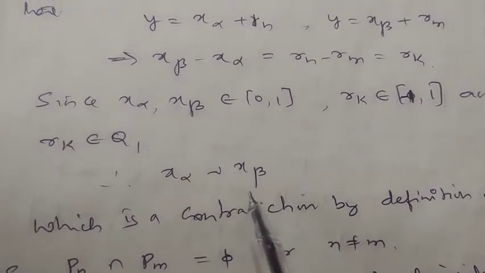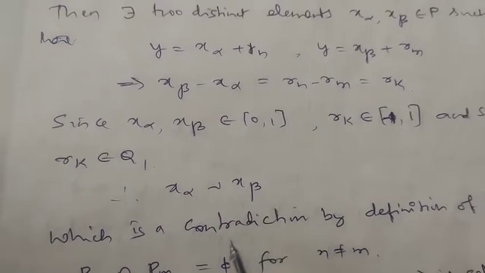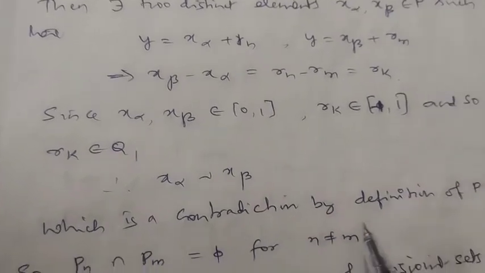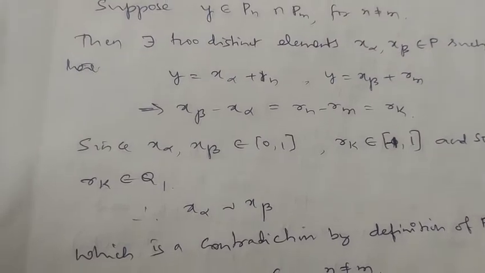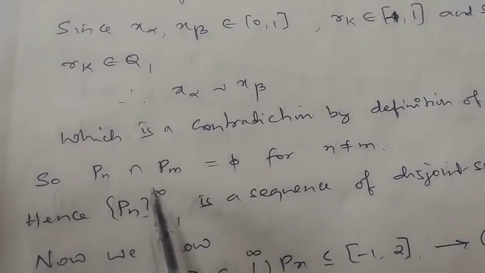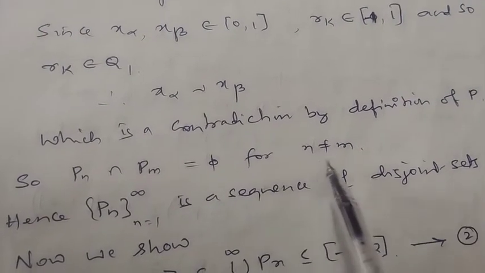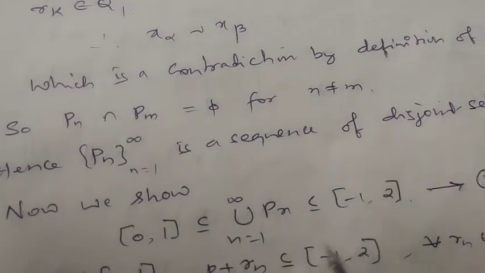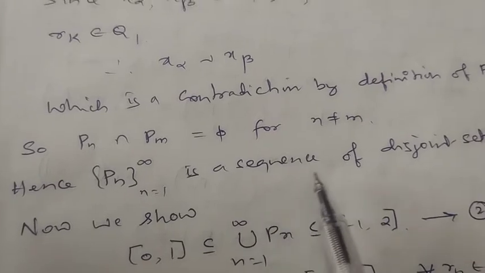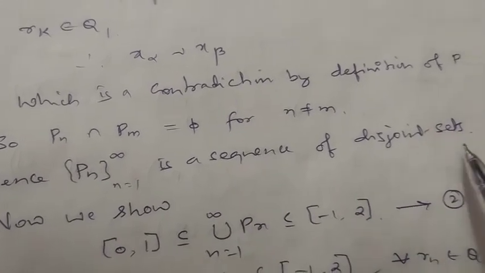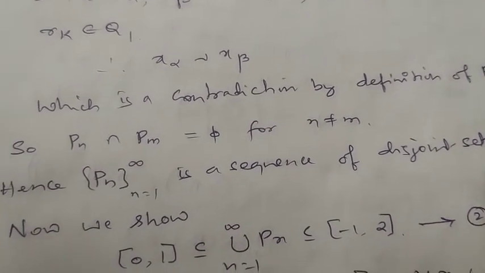Therefore x alpha is related to x beta, which is a contradiction by the definition of P. So the intersection of Pn and Pm is empty for n not equal to m. Hence Pn, n equal to 1 to infinity, is a sequence of disjoint sets.